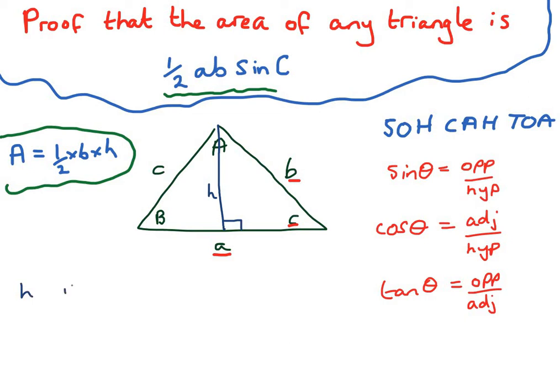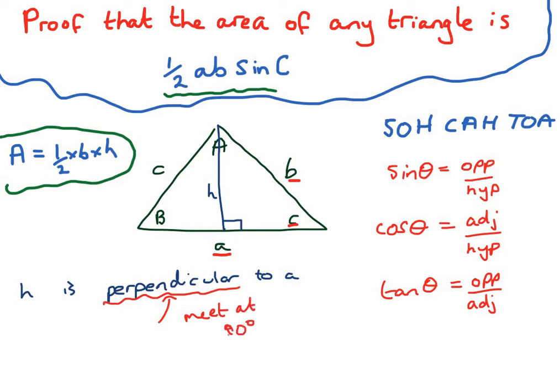So H is perpendicular to A. Okay, and remember what this term perpendicular means? It means the two lines meet at 90 degrees, or meet at a 90-degree angle. Okay, so we're actually sort of almost there. Now we're just going to use some trigonometry to find H in terms of B, C, and A.